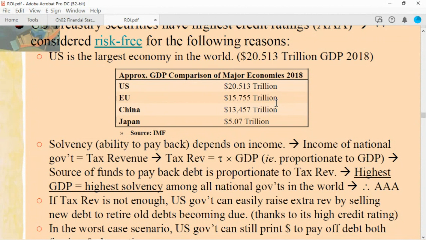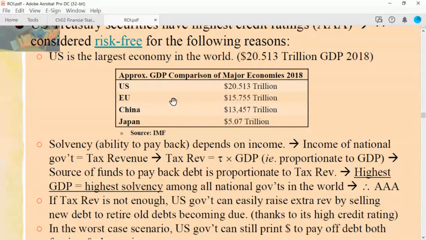The U.S., of course, the largest economy, was like 20.5 trillion U.S. GDP. And as of 2020, I believe U.S. GDP was 21 or 22 trillion.